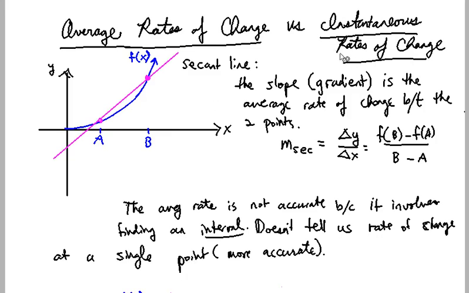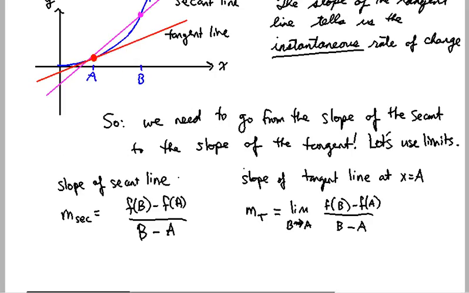That's what instantaneous rate of change does for us. It tells us the rate of change at any single point. That's really nice. We want to be able to find this instantaneous rate of change. This is okay, but it's still just an estimate. It's not accurate enough for all of our purposes.